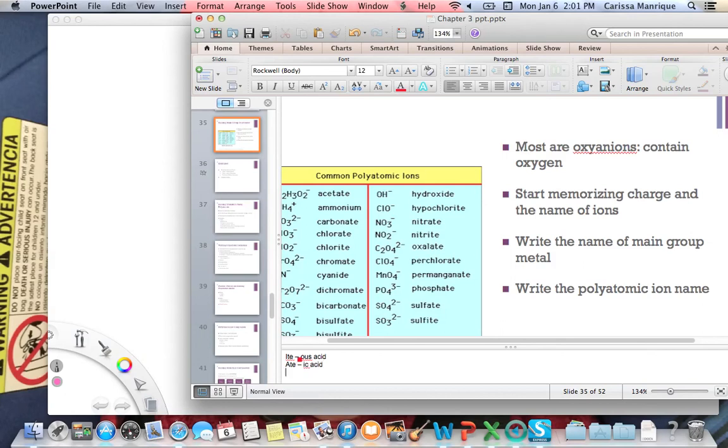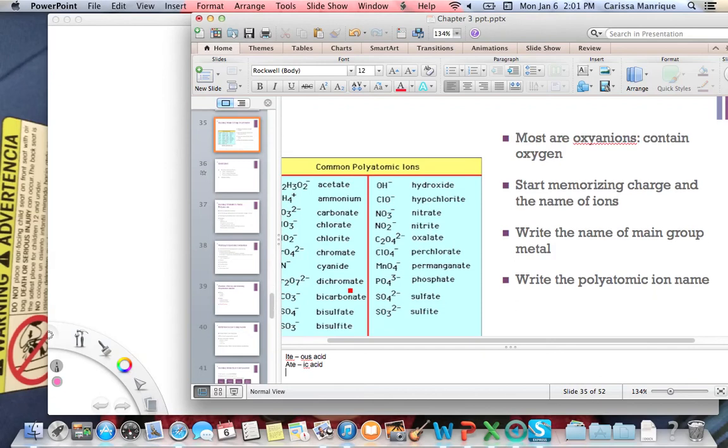So let's look at your ates. There's a lot more ates than there are ites. So bisulfate would become bisulfic acid. Bicarbonate will become bicarbonic acid. Dichromate would be dichromic acid.